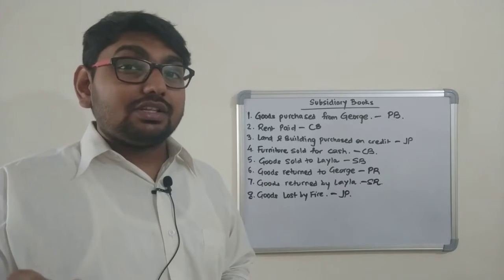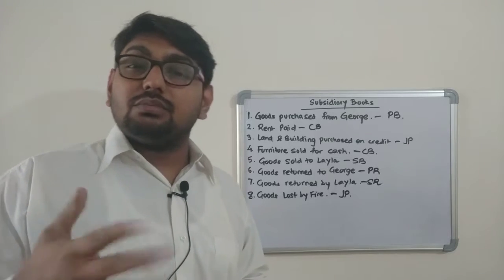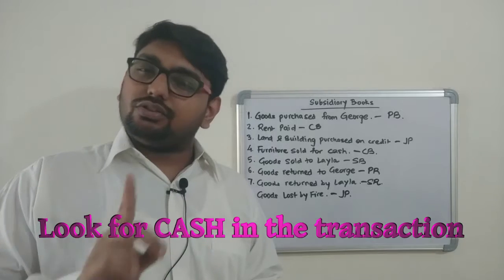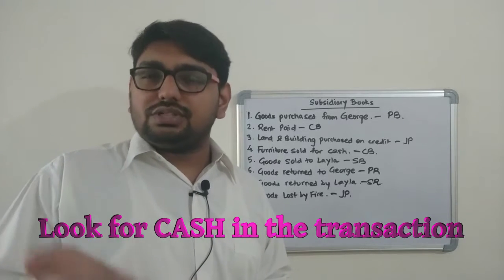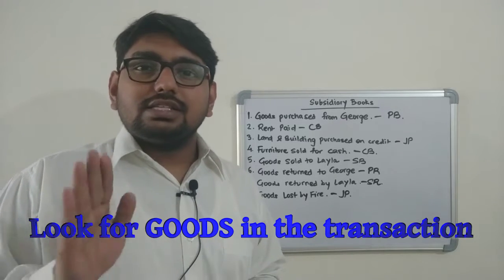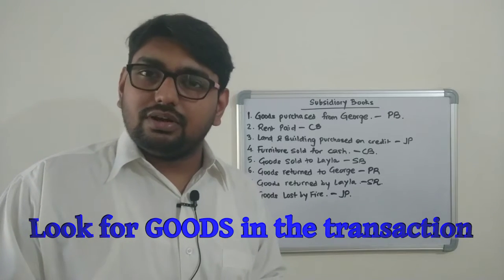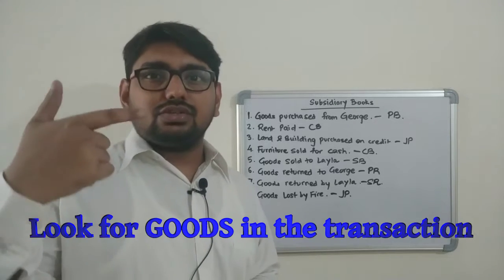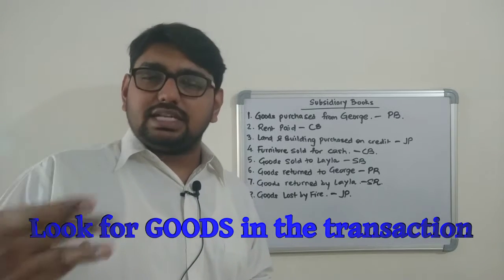So if you haven't understood the pattern yet, let me give you some rules. First rule is to find out whether cash is involved or not. If cash is involved, it goes into the cash book. Rule number 2, if cash is not involved, search whether goods are involved or not. If goods are involved, then see whether they are purchased, sold, purchase return or sales return.